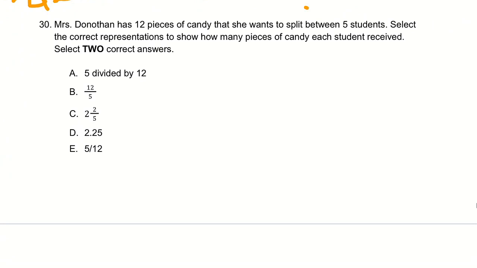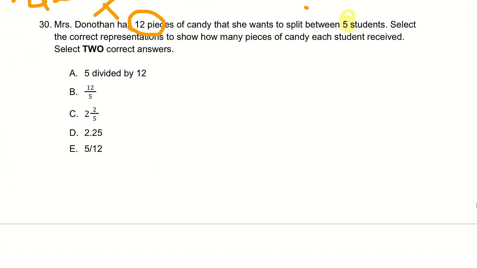Miss Donathan has 12 pieces of candy and she wants to split them between 5 students. I feel like this is a total. So if we have the total, we're going to divide. Okay, and here's our other number, 5 students.